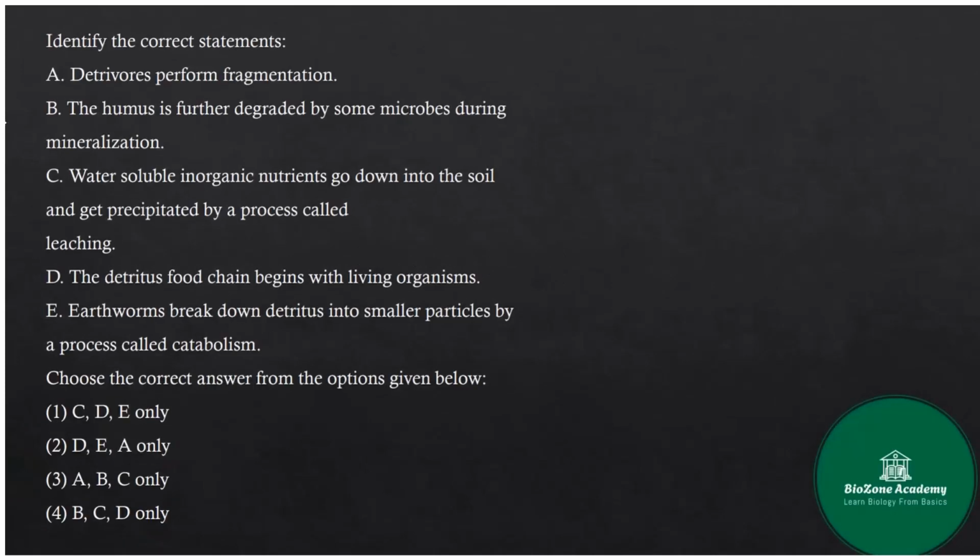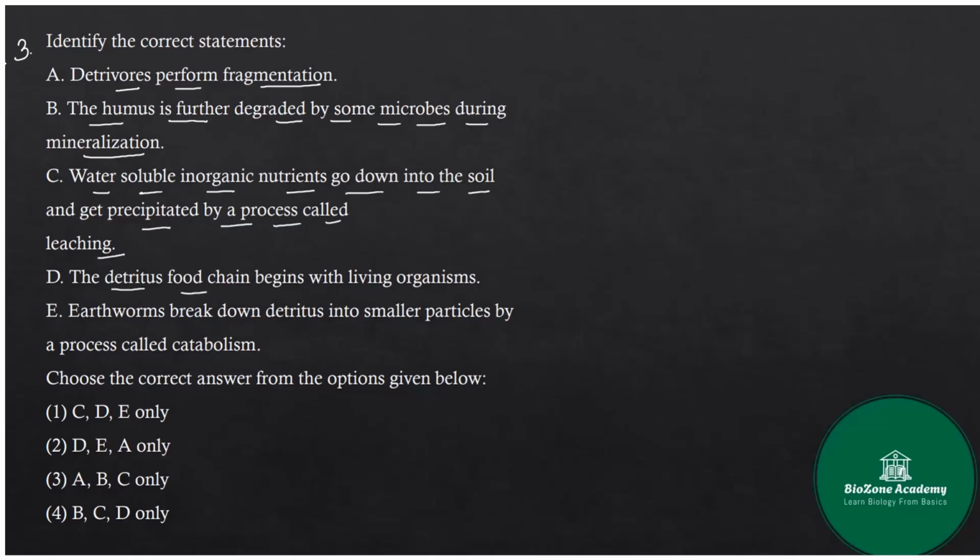Next question, identify the correct statement. A, detritivores perform fragmentation. B, the humus is further degraded by some microbes during mineralization. C, water-soluble inorganic nutrients go down into the soil and get precipitated by a process called leaching.